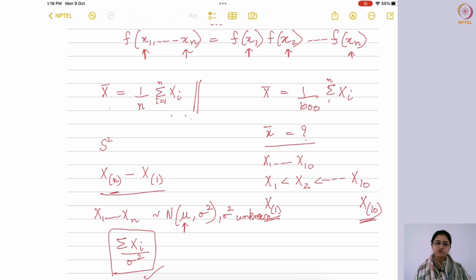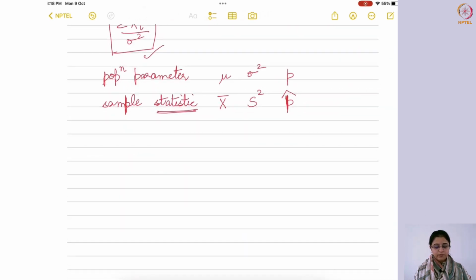Now the sample, if you change even a single observation, then the sample mean is going to differ. So this sample mean itself acts as a random variable. And since it acts as a random variable, it will have a distribution of its own. Hence, the probability distribution of the sample statistic is basically referred to as the sampling distribution.